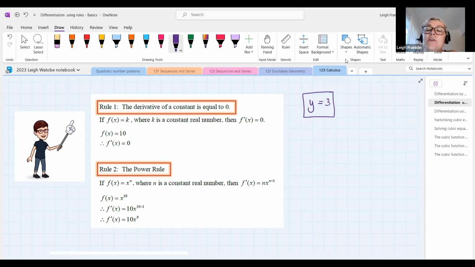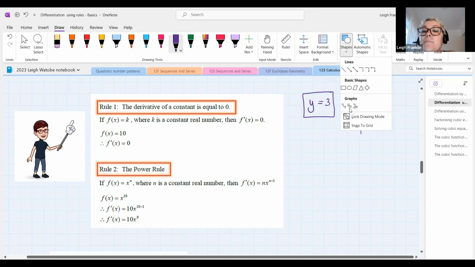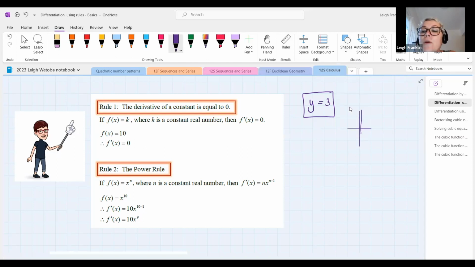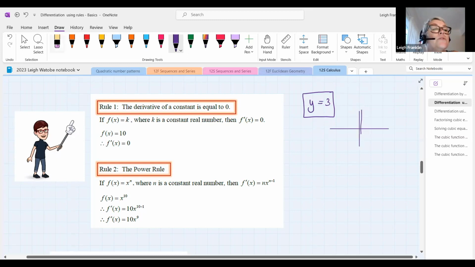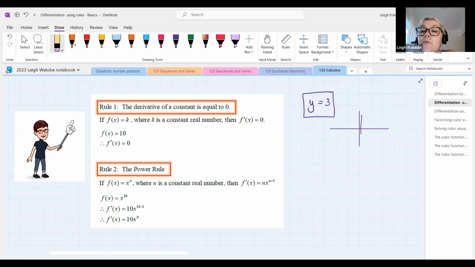If I had to draw y equals 3 on the Cartesian plane, what would I be drawing, Matrix? Can anybody tell me? What am I drawing? If I draw the line y equals 3 onto a set of axes, what does it mean?